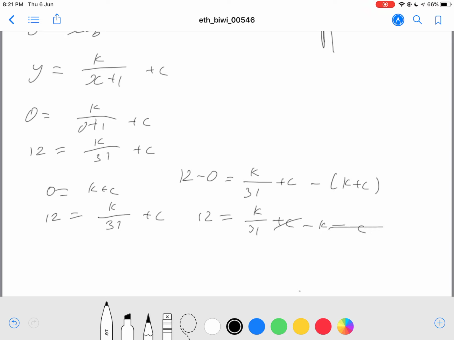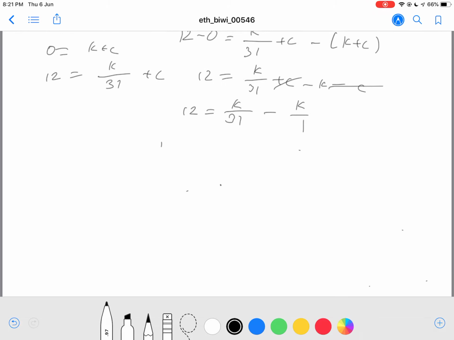The c's are gone, so 12 equals k divided by 31 minus k over 1. So 12 equals k divided by 31 minus 31k over 31. Therefore 12 equals negative 30k over 31, so 31 times 12 equals negative 30k.